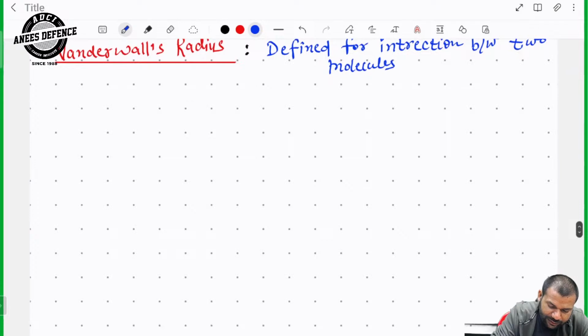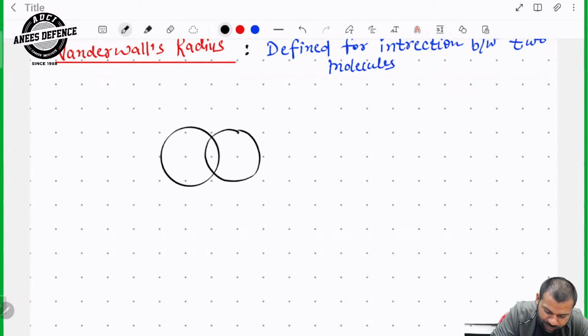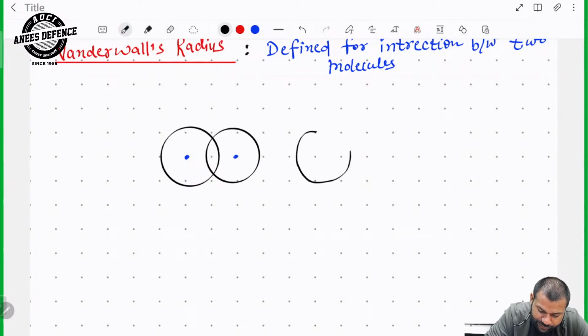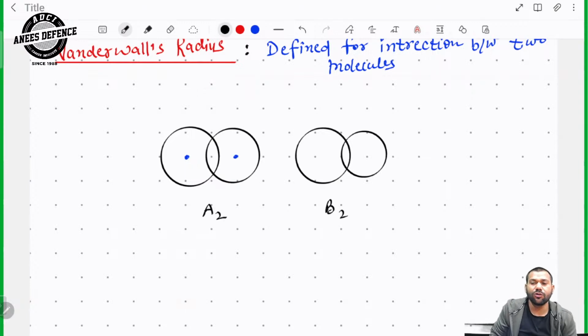And how does it work? Let's say I have a molecule A2. This is A1 and this is A2, so overall the A2 molecule. And here we have B2. This is A2 and this is B2. And these two molecules are interacting with each other.